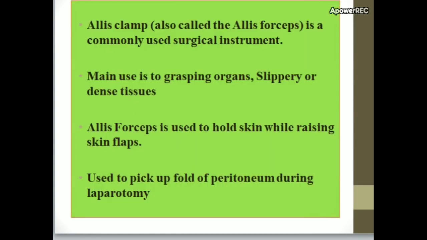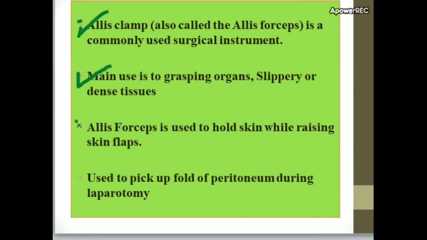Allis clamp, also called the Allis forceps, is a very commonly used surgical instrument. Its main use is grasping the organ's slippery or dense tissues. You can see the grip there. With that grip, we can grasp the organ's slippery or dense tissues.